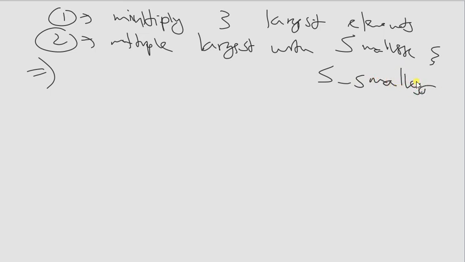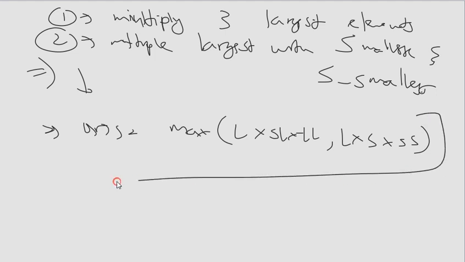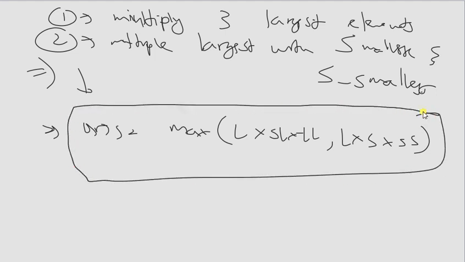Quite simple. Now, if I write it mathematically, my answer is going to be the max of largest into second largest into third largest that I have, comma, largest into smallest into second smallest that I have. So this is going to be my answer.